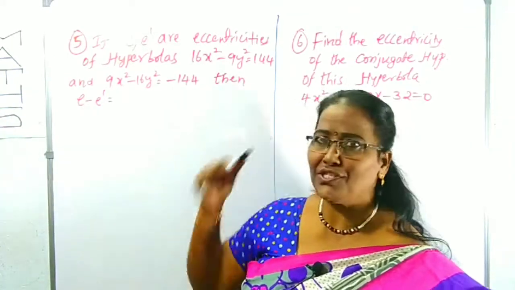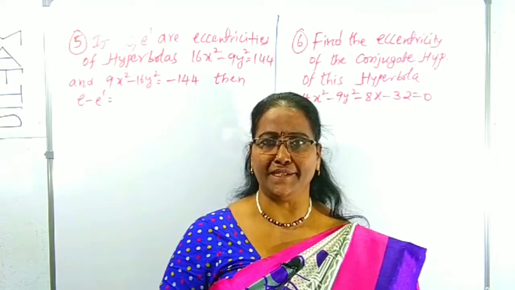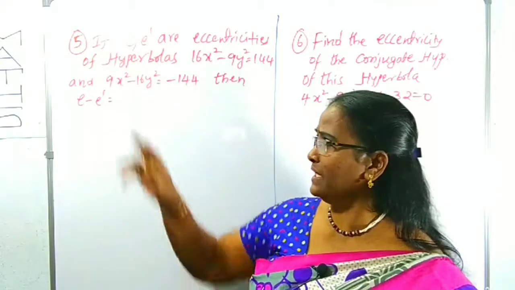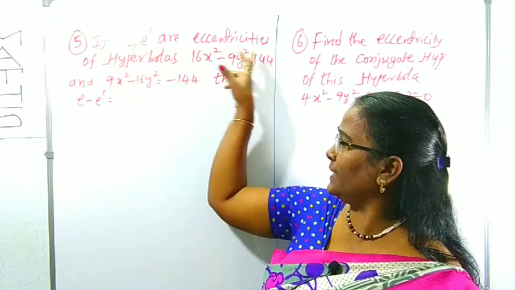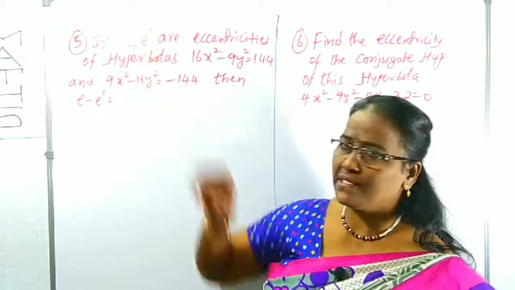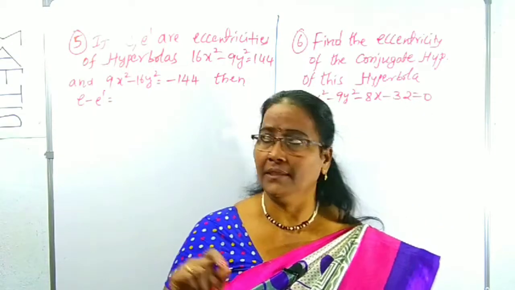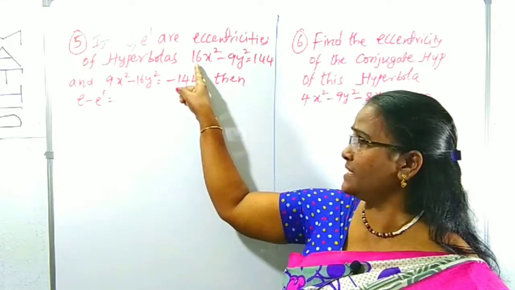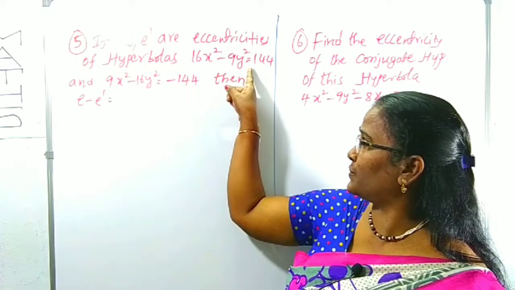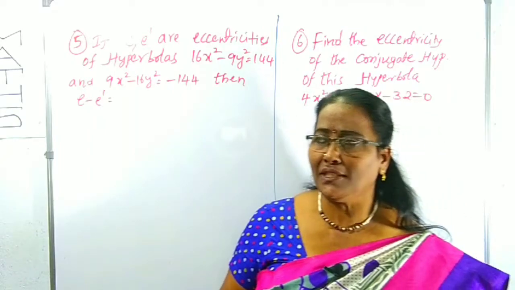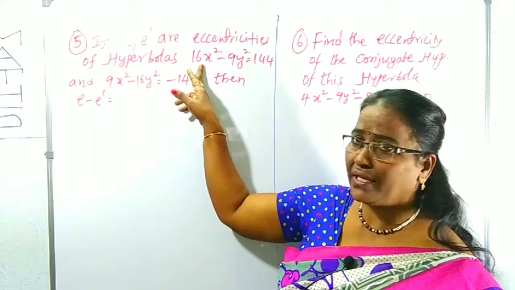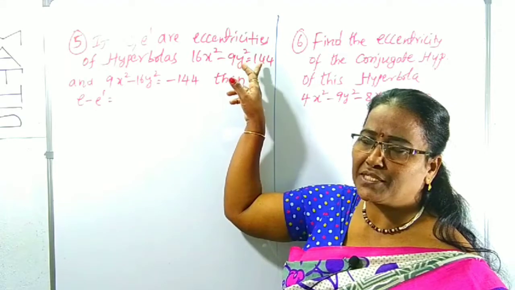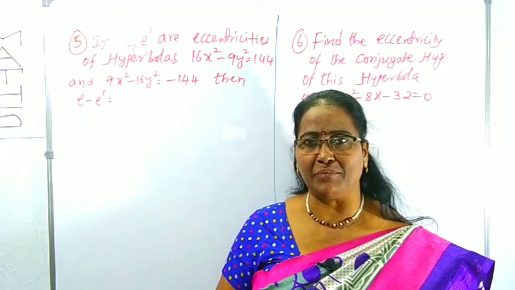Look at these two questions, which also depend upon eccentricity. What is the given data? We can read out question number 5. If e and e dash are eccentricities of hyperbolas, there will be two types here. 16x square minus 9y square is equal to 144. You know that clearly, I said already: the x square minus y square term is there with the constant positive, so it is clearly a transverse hyperbola.